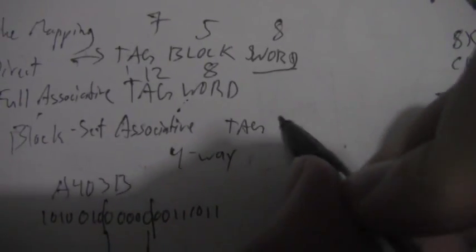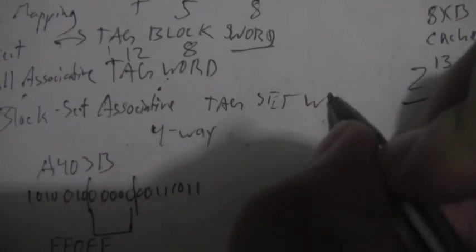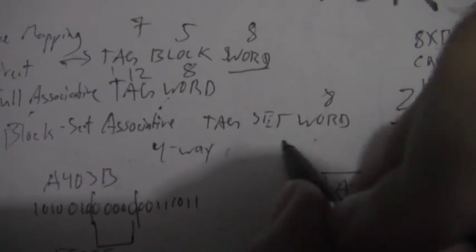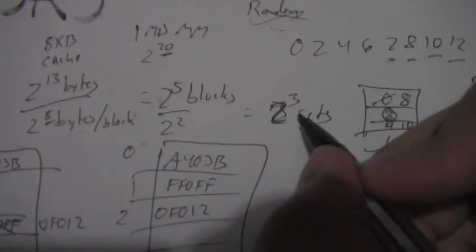Eight sets, each having 4 blocks. Something like that. So here you have tag, set, word. Word is the same. Set is now the number of sets, so that's 3. And whatever remains is the tag.